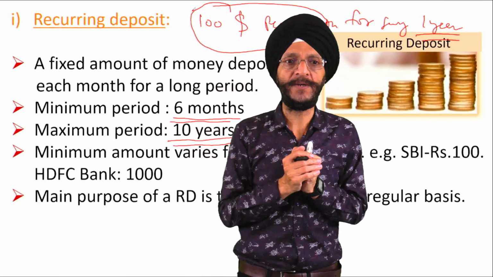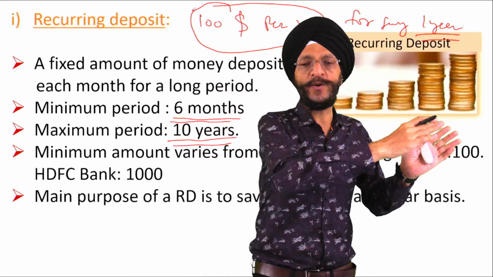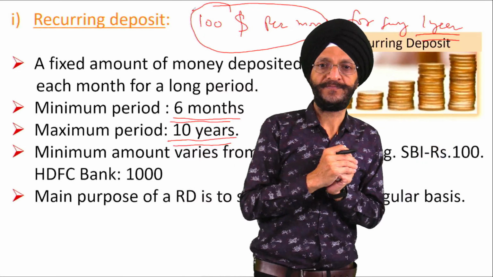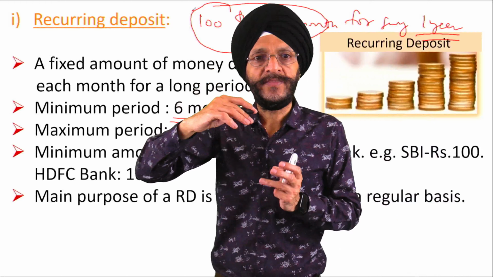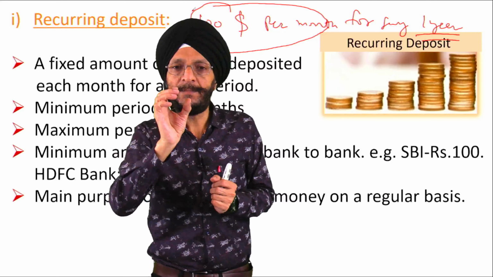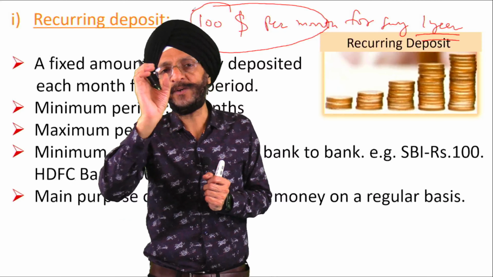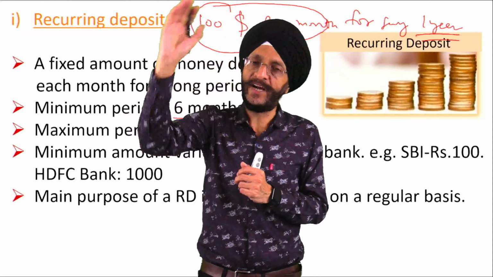Whether there is any limit, it varies from bank to bank. Naturally, private banks are established with the main motive of earning profit. So in the case of private banks, the minimum deposit amount for a recurring deposit is somewhat on the higher side.